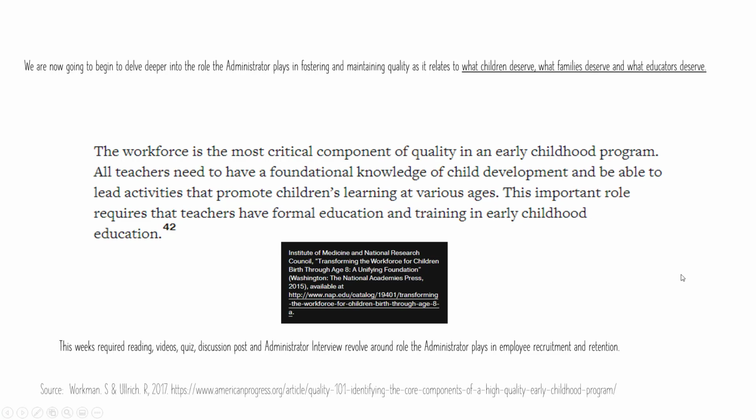So what we're going to look at now is beginning to delve deeper into the role that the administrator plays in fostering and maintaining quality as it relates to what children deserve, what families deserve, and what educators deserve.